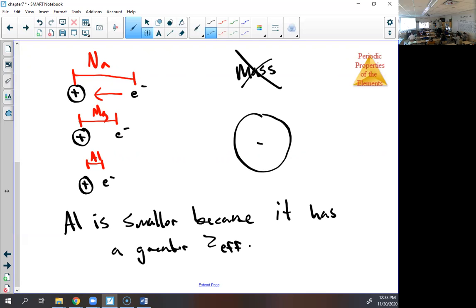In chemistry, we determine it by the distance from the center to the outermost electron. We don't talk about size and mass. Mass is just dependent on the number of protons and neutrons. Okay. So the atom of aluminum is much smaller than the atom of Na because we have a greater Zeff.